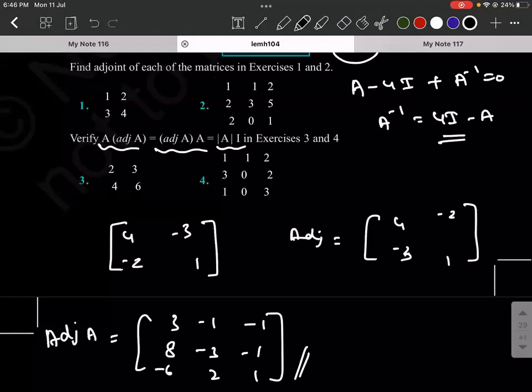Zero. Zero matrix. A into adjoint is zero matrix. Adjoint A into A is zero matrix. Zero matrix. Determinant of A is 0. Correct.